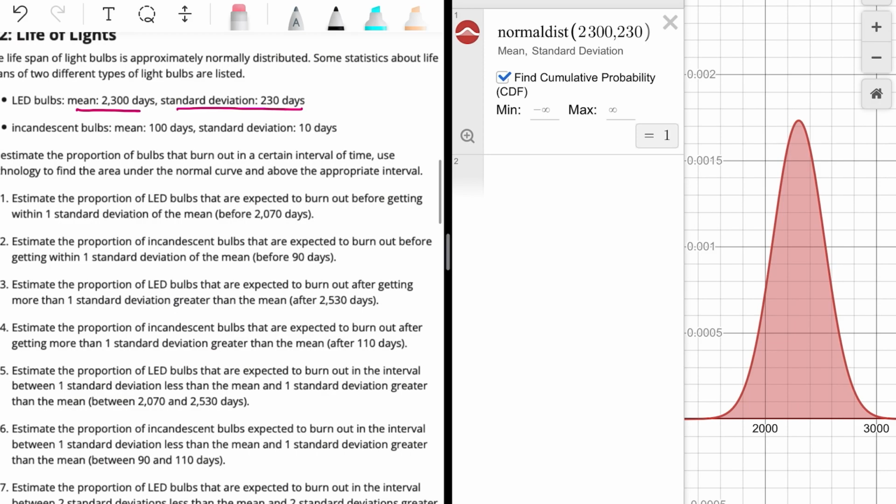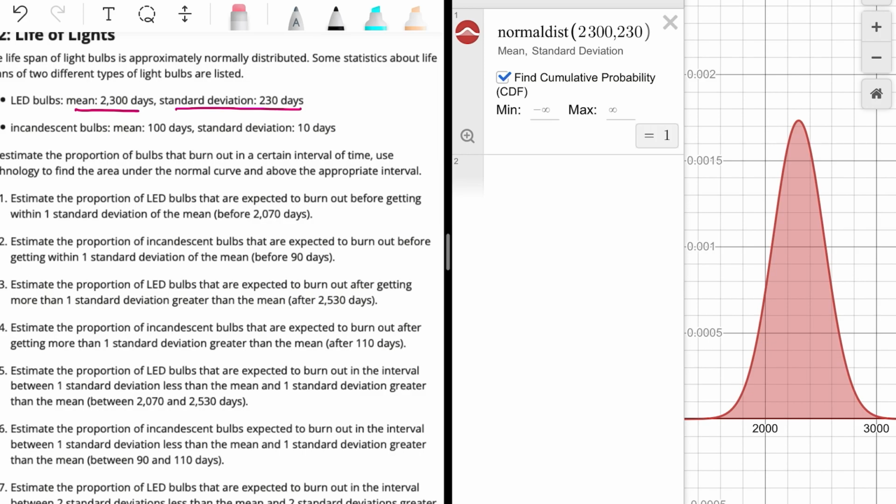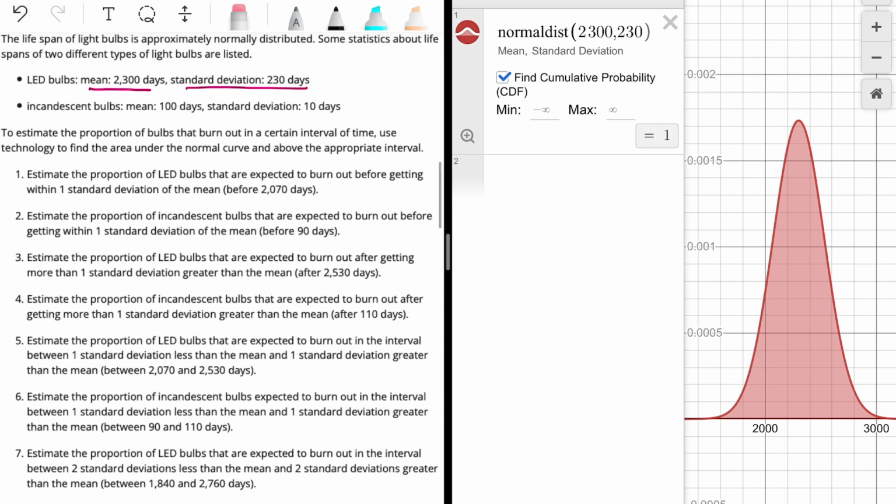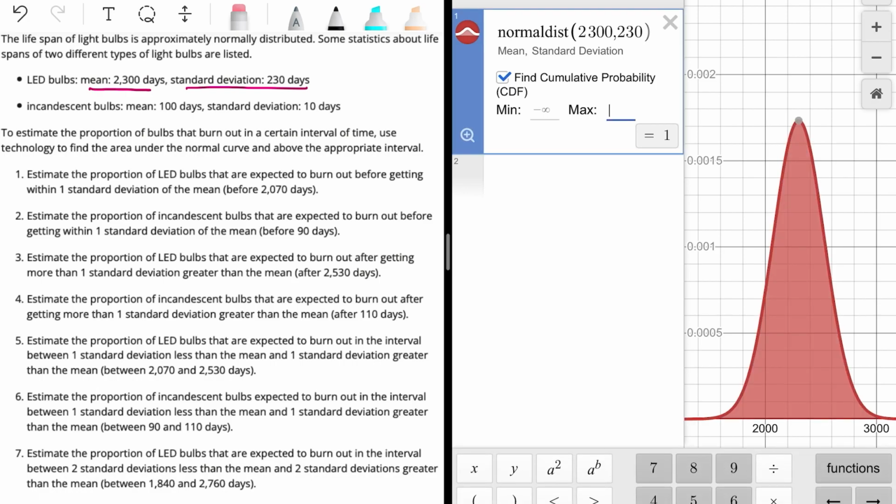So if we are looking at the proportion of LED bulbs, for number one, that are expected to burn out before getting within 1 standard deviation of the mean, that's before 2,070 days. So our maximum is 2,070 days, and so we are looking at 0.1587.